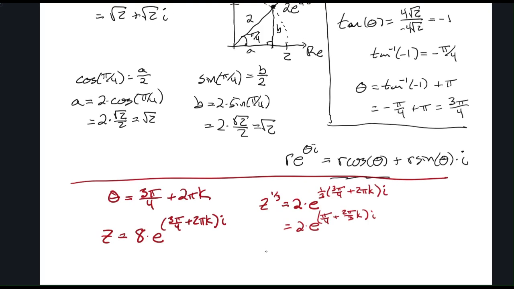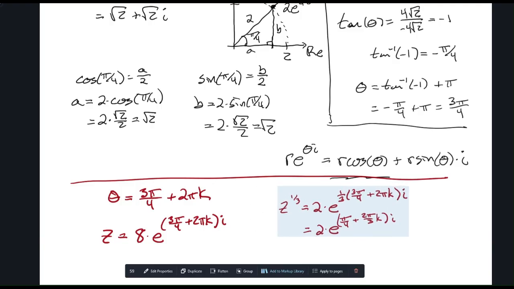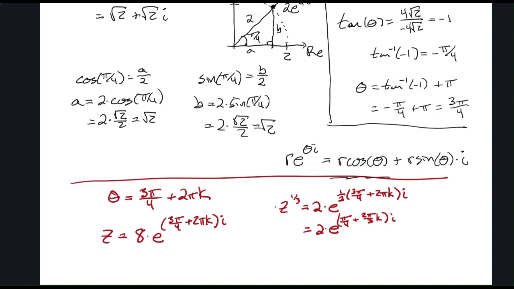So we will have the cube root, the first cube root. Let's call this C for cube root. So the first cube root, when k is 0, is 2e to the pi over 4 times i. That's the one that we already found.